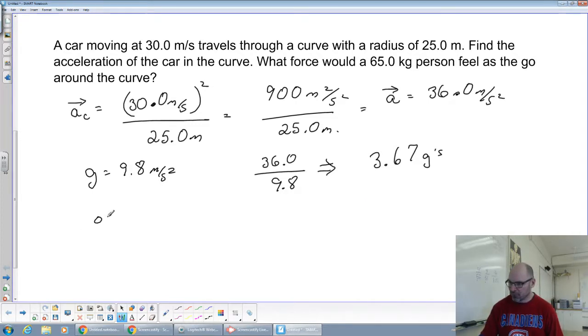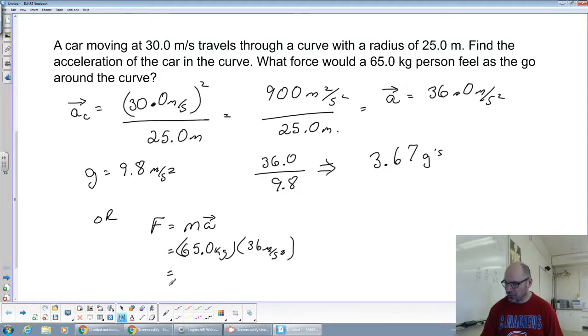Or we could do it like this. We could say force equals mass times acceleration. And we could say the 65 kilogram person would be experiencing so many newtons of force, which would be 36 times 65, 2,340 newtons of force in that circle.